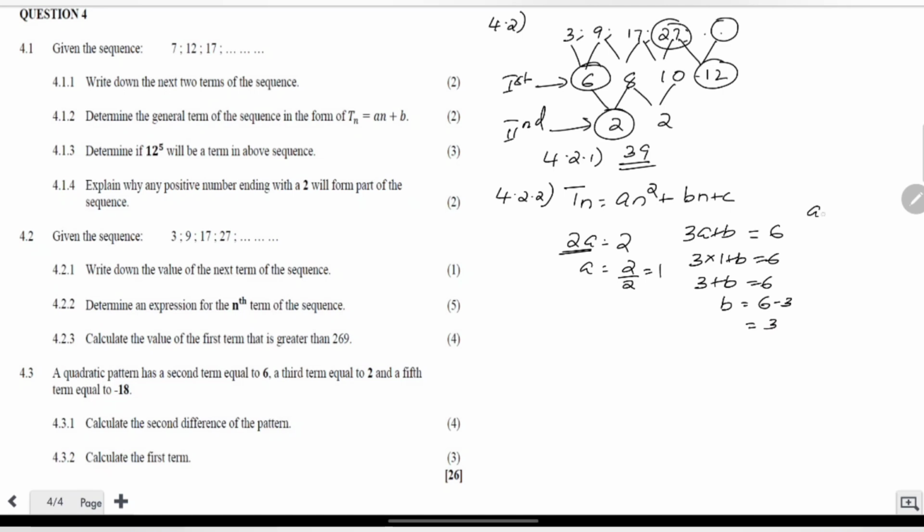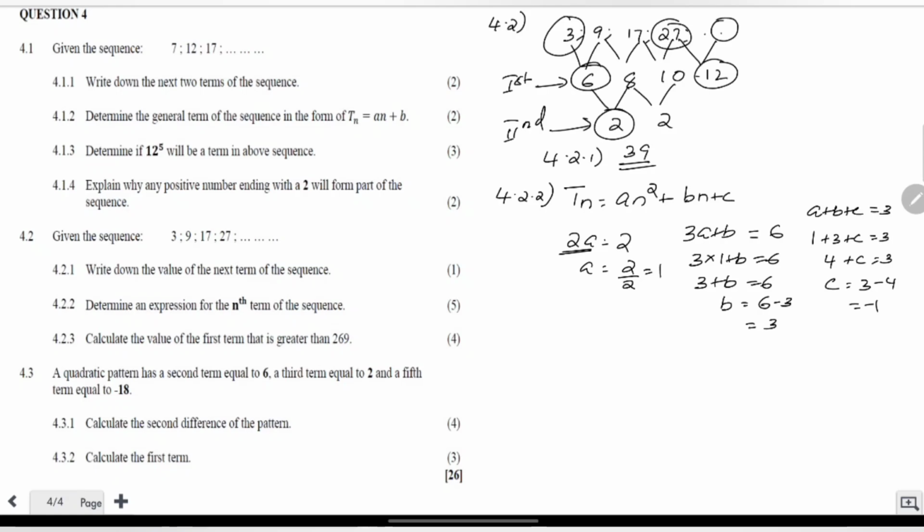Then the last one, a plus b plus c is equal to the first term of the given quadratic pattern. What is that? 3. Which is going to be, a is 1, b is 3, plus c is equal to 3, which is going to be 4 plus c is equal to 3. That is c is equal to 3, 4 goes to the other side, minus 4.